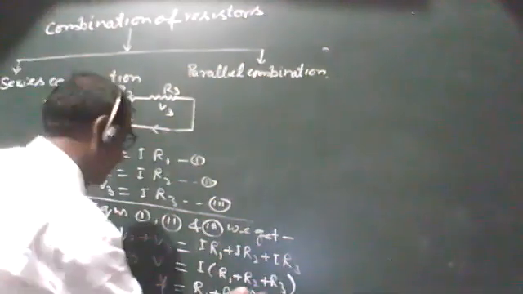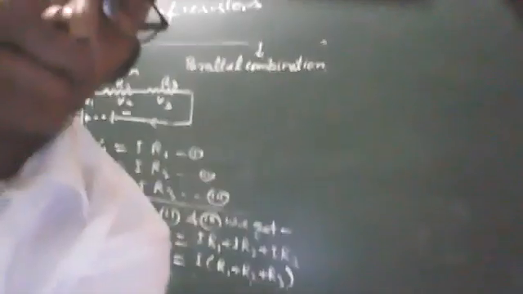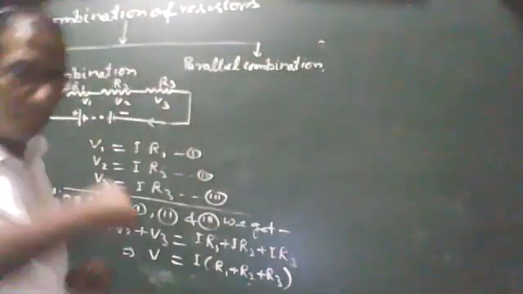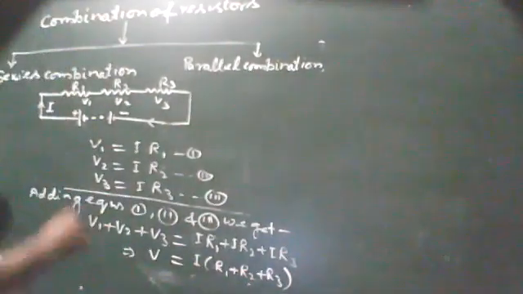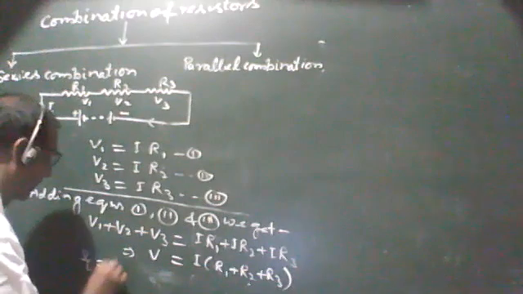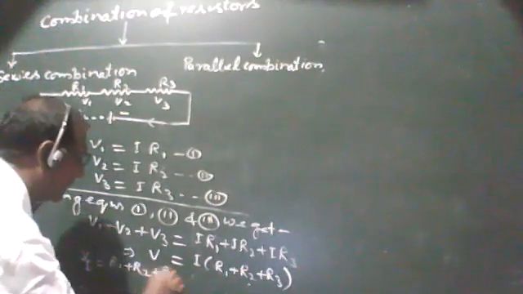You can't see it. Okay. V upon I is equal to R1 plus R2 plus R3.